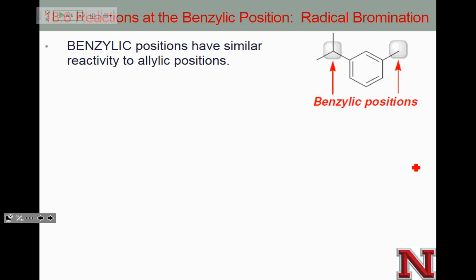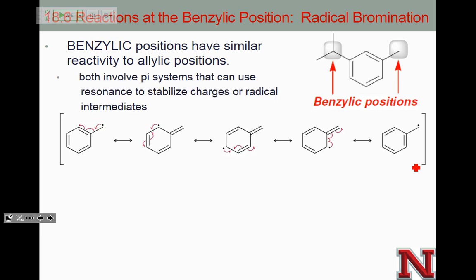So our benzylic position is similar to our allylic position as far as reactivity. We already know that that radical is more stable because it's in conjugation with the benzene ring. Though, I will note that even though you have multiple more resonance structures in the allylic position, our most stable resonance structure is this one, because these other resonance structures break the aromaticity.